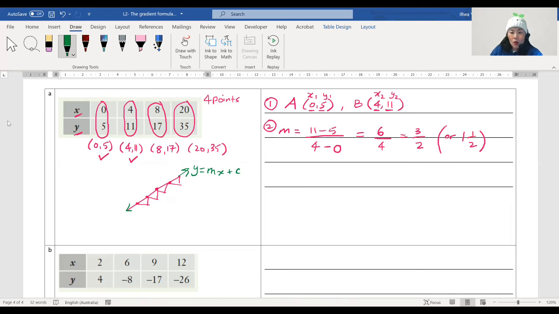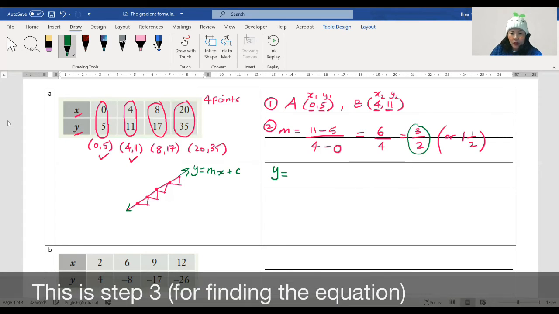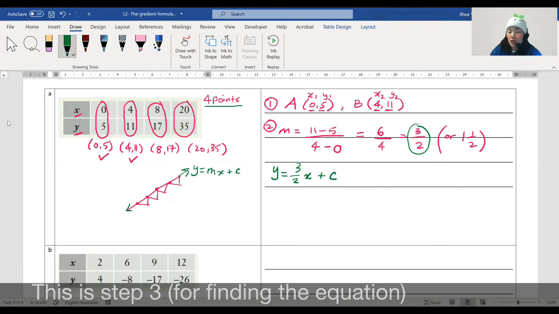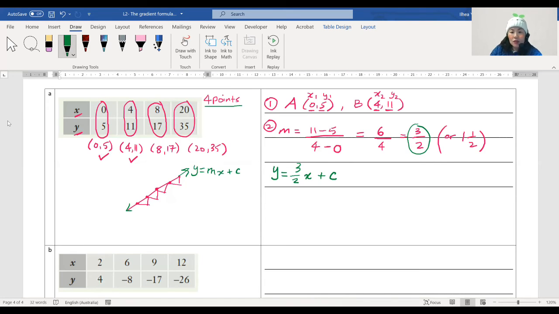So what I'm going to do is put that into my equation. This is my m, so I'm going to put 3 over 2x plus c. I don't know what c is, but I can use any of these 4 points, choose any one, and substitute in.